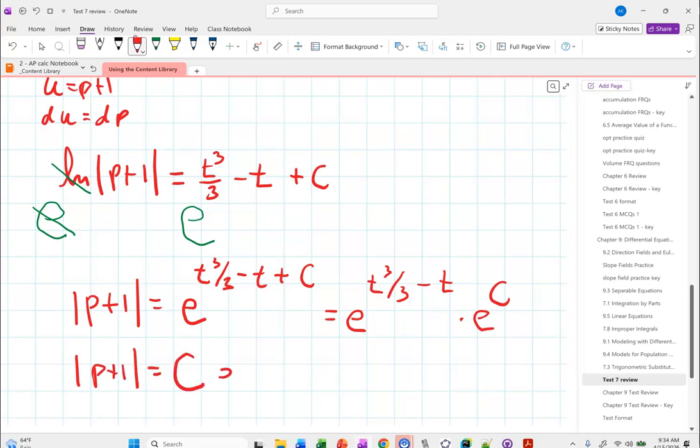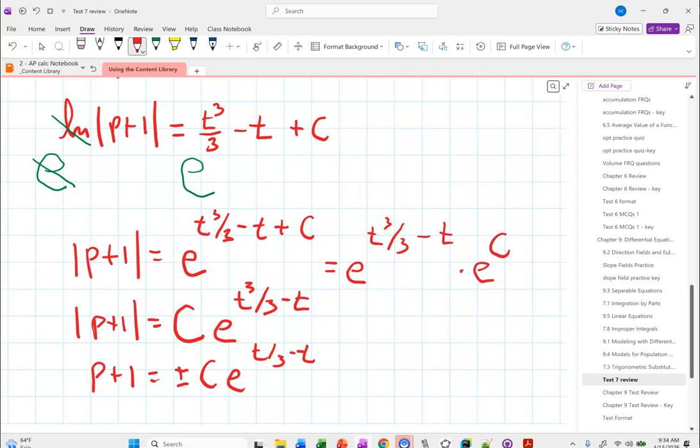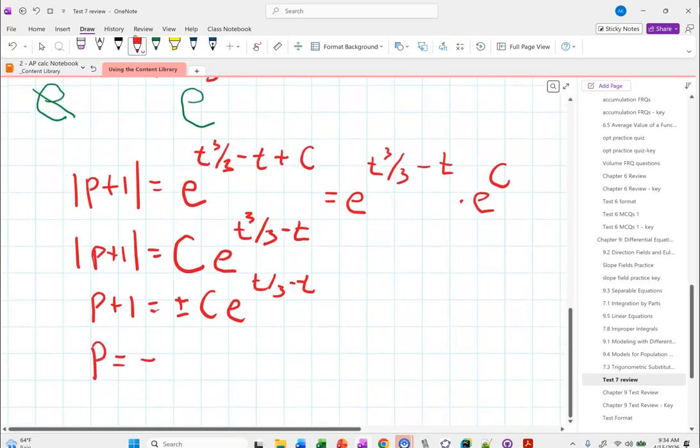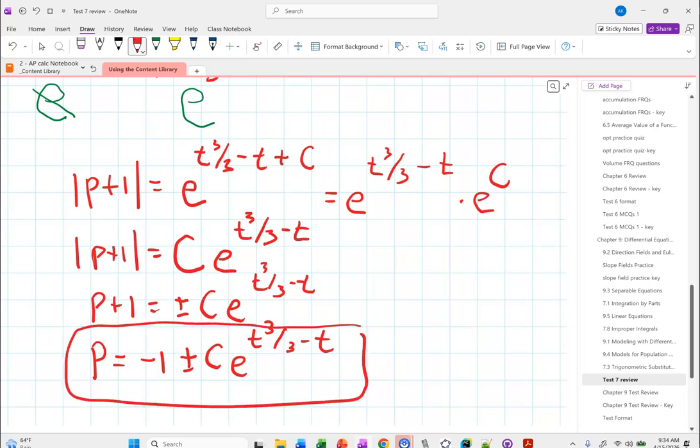So I'm just going to call that c, e to the t cubed over 3 minus t. And then because it's absolute value, this could be plus or minus. And then we'll subtract the 1, and this I suspect is the answer in the back of the book. Is that it? Okay. Does that feel okay, Alice?